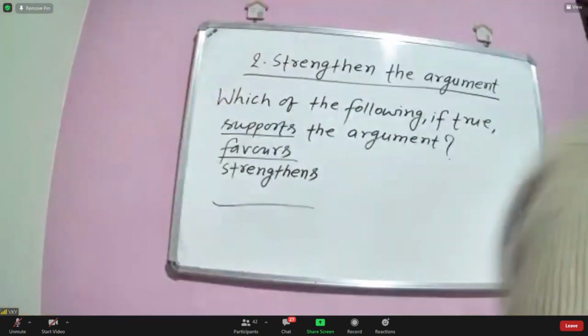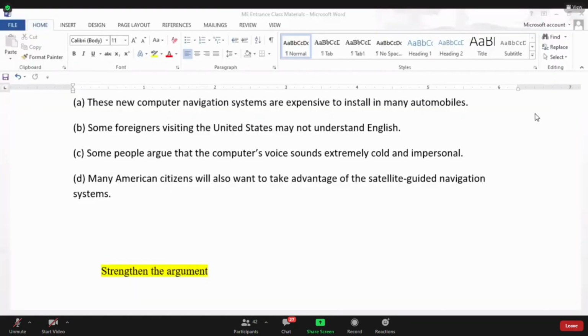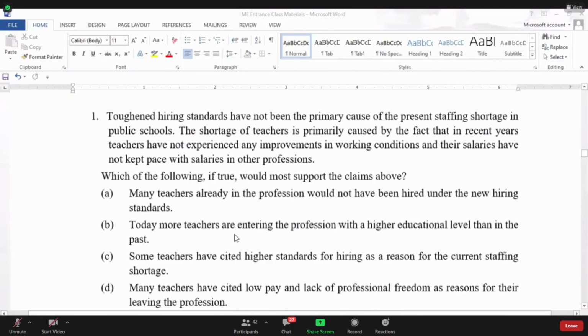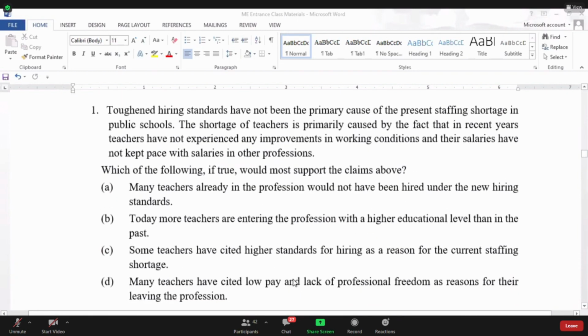Yes. So here you look at the text. Option B: Today more teachers are entering the profession with a higher educational level than in the past.